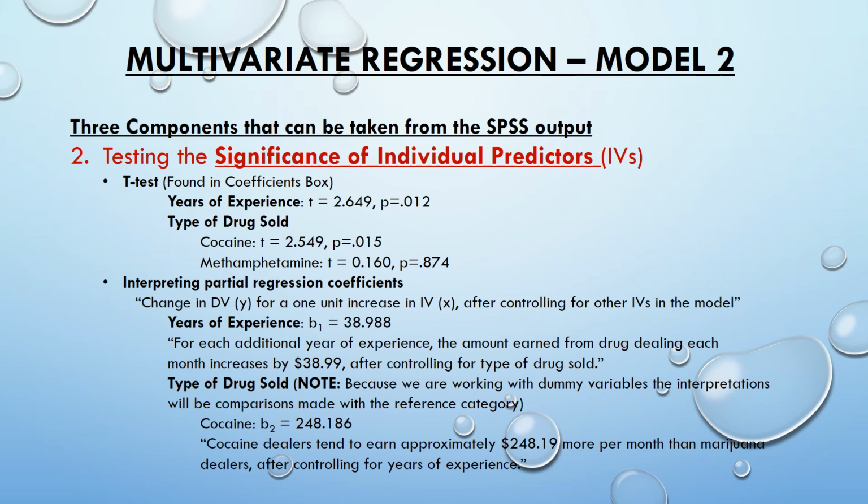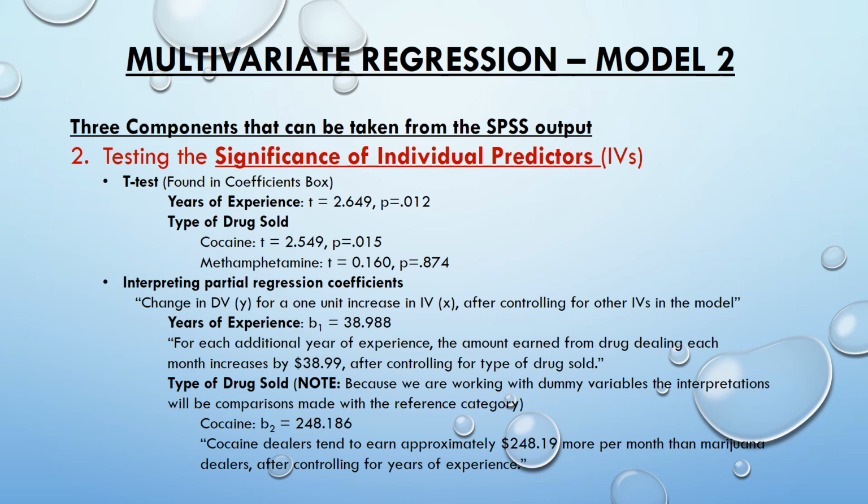You look at type of drug sold. Well, in order to capture that information, as you may recall, we had to report the dummy variable values. So we had to create two dummy variables, cocaine and methamphetamine. And then we want to see which one of them has a significant association with how much you make. And you'll notice that for cocaine, it has a p-value of less than 0.05.